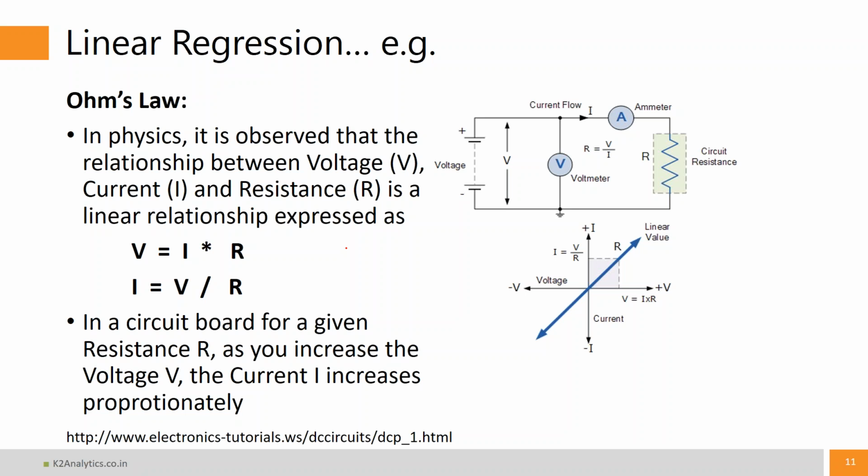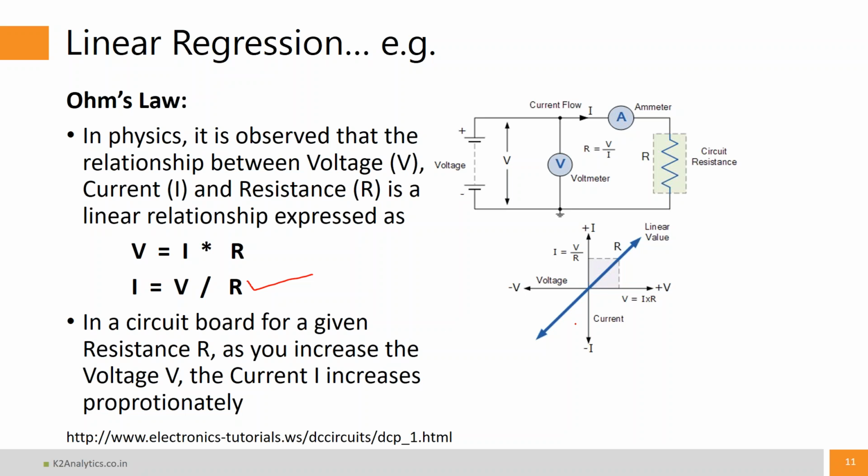So we would put a plot of voltage as a relationship with I and resistance, and that relation would typically come like this: the total current flowing through a circuit is directly proportional to the voltage you are applying and inversely proportional to resistance, which means if you have less resistance there will be more current, if you have more voltage there will be more current.